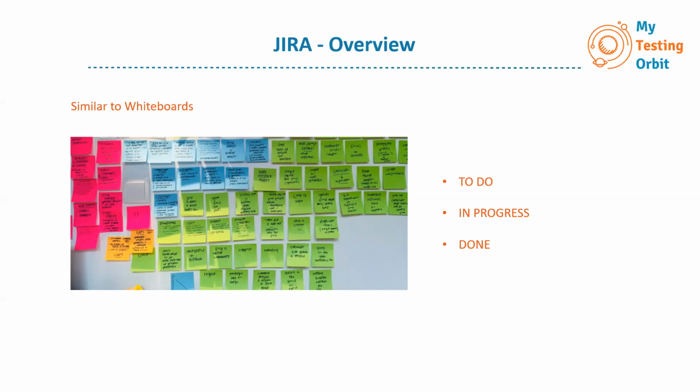On the whiteboard we can make sections like to do, in progress, done. So we make maybe three columns, and all the sticky notes, all the user stories, we put in the to do column. As we complete each user story, we move it to in progress, and then finally to the done state.